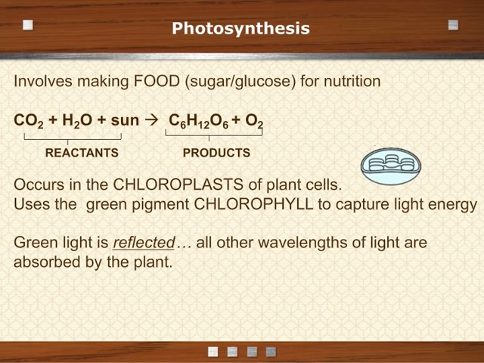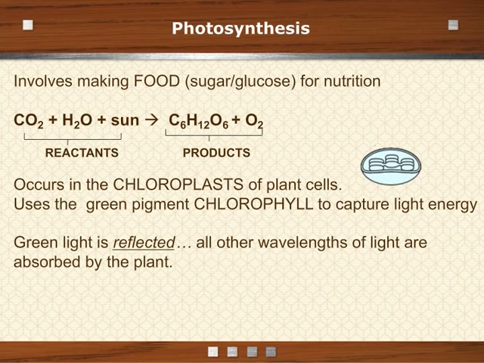It is absolutely essential that you memorize this equation. If you do not know what the chemical symbols stand for, you should write them in. There is a place for you to do this. It says, write the equation in words.